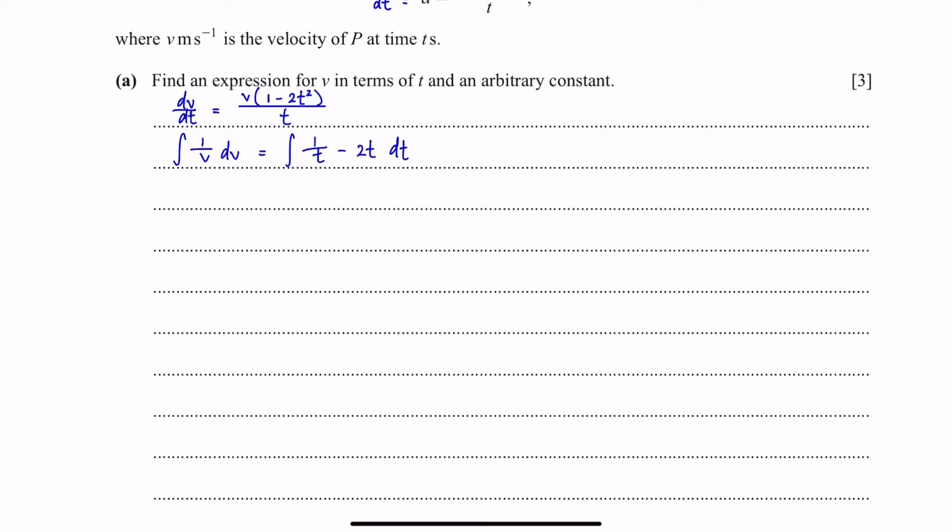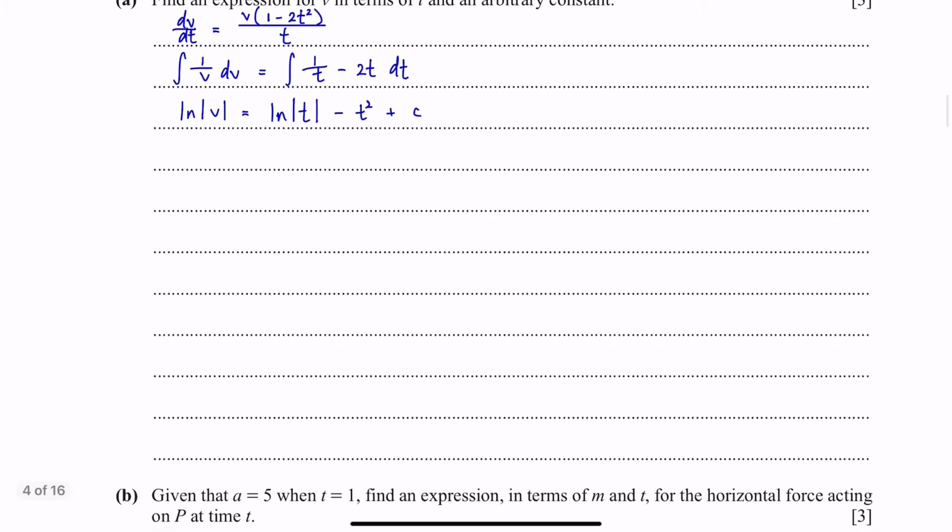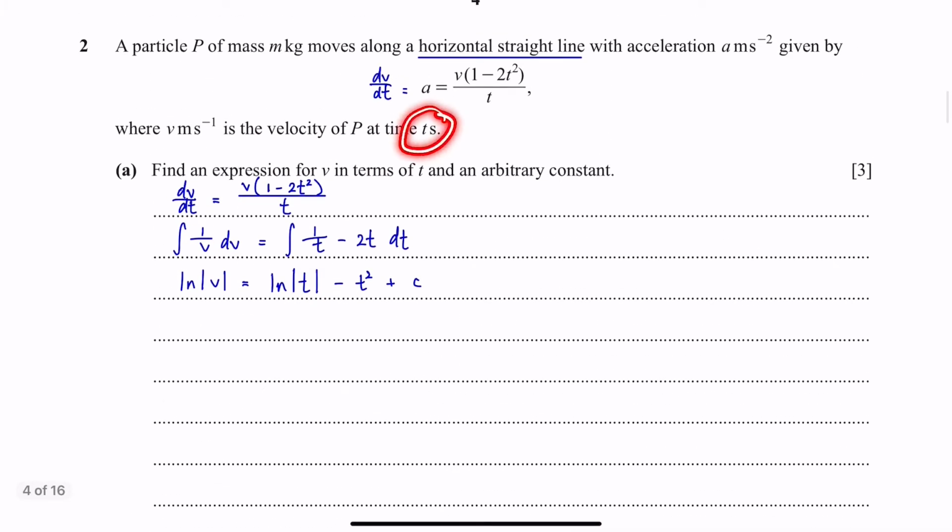Now we know that the left side would be ln modulus v, and the right side would be ln modulus t minus t squared plus c, where c is a constant that we will need to find later. And we know that the t value is the time, so it will only be a positive value.